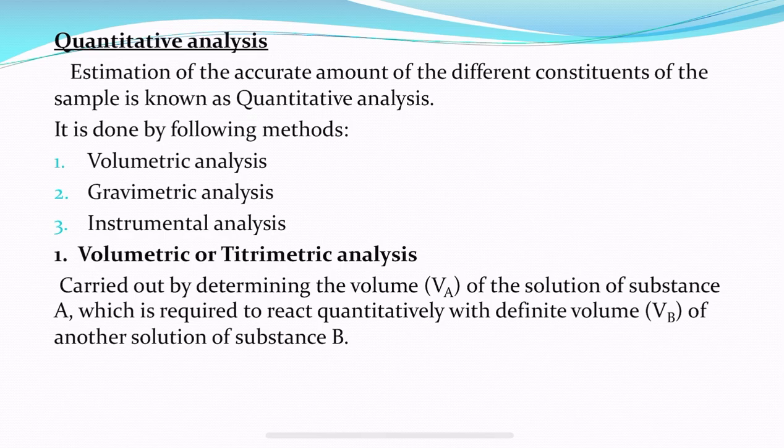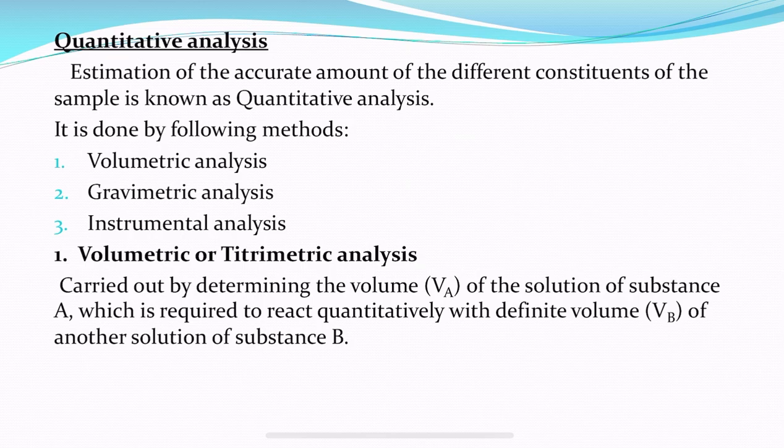Even if we do not know the concentration of the titrant, we are going to standardize it. Before performing any titration, we standardize and find out the accurate concentration of one of the solutions, and with the help of that we find out the concentration of the unknown solution.